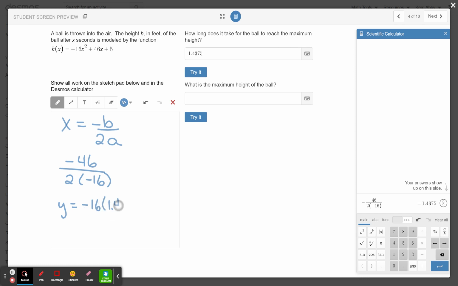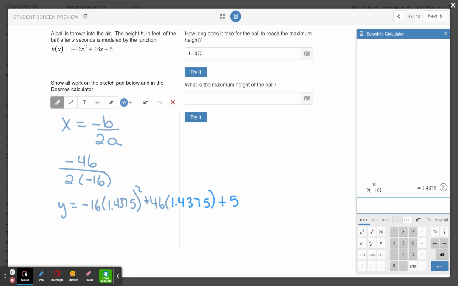You don't want to round or anything, write all of the decimals. I'm actually going to run out of room, so I'm going to change my pen. Now, when you put that in the calculator, don't forget the parentheses, don't forget the square.